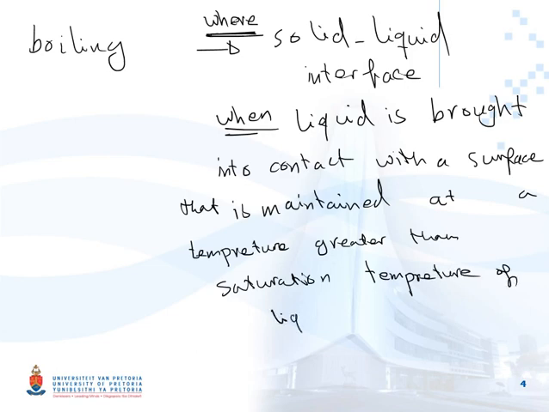So basically boiling happens when the liquid is brought into contact with a surface that is maintained at a temperature greater than saturation temperature of liquid. So T surface greater than T sat liquid.